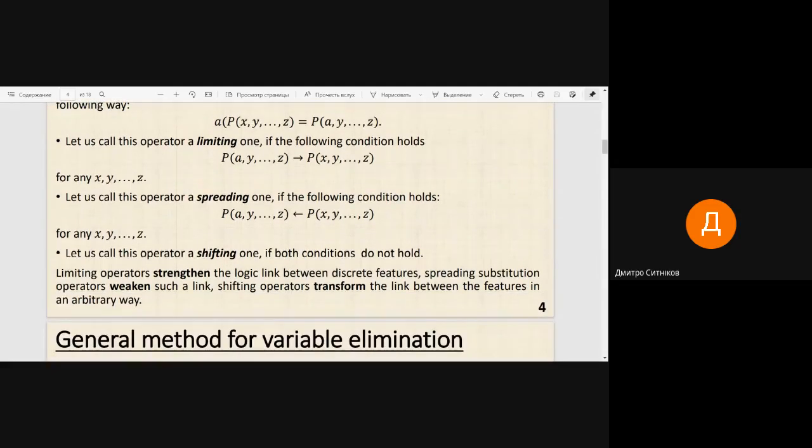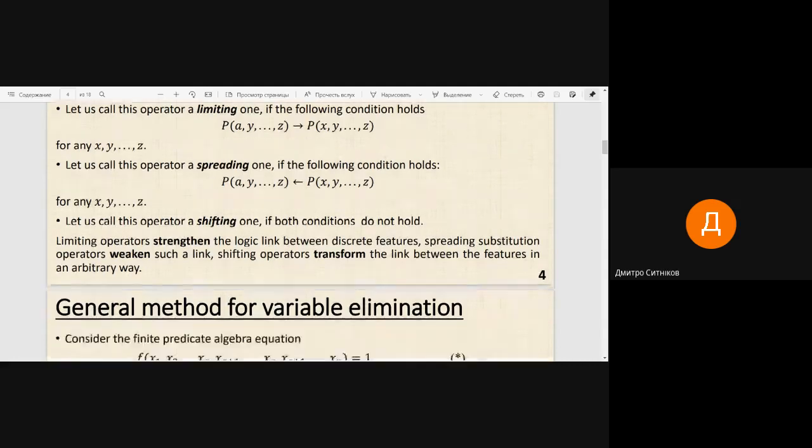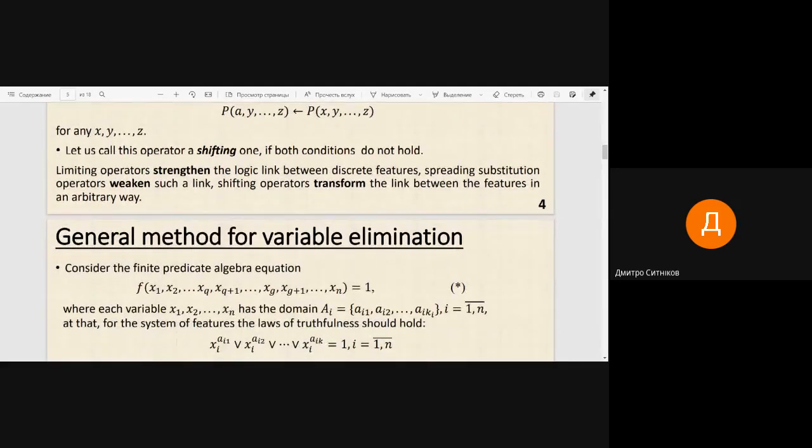Let us call this operator a limiting one if the following condition holds for any X, Y, and so on, and Z. Let us call this operator a spreading one if the following condition holds for any X, Y, and so on, and Z. And finally, let us call this operator a shifting one if both conditions do not hold.